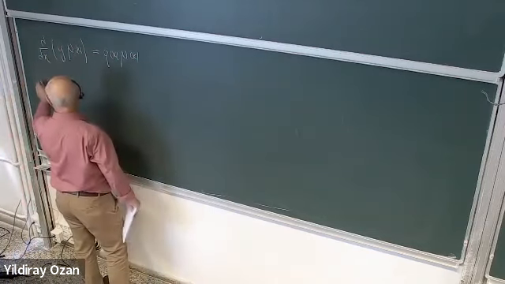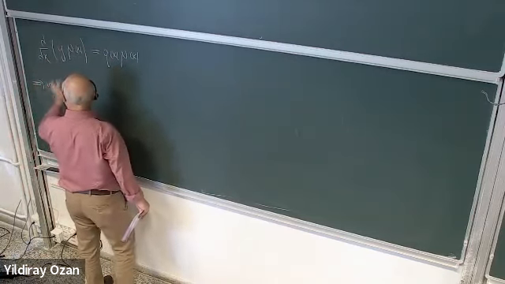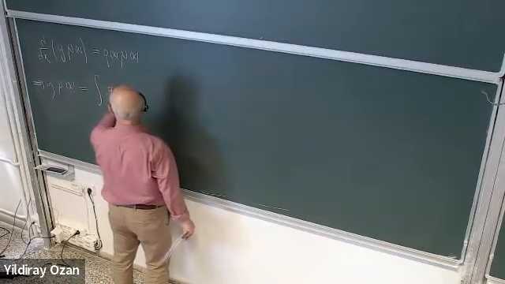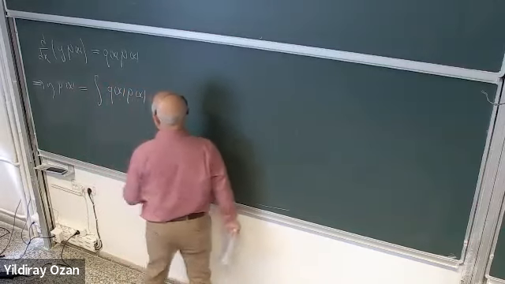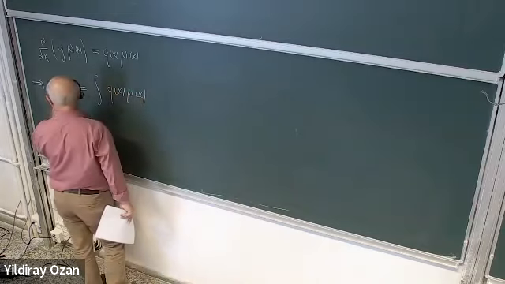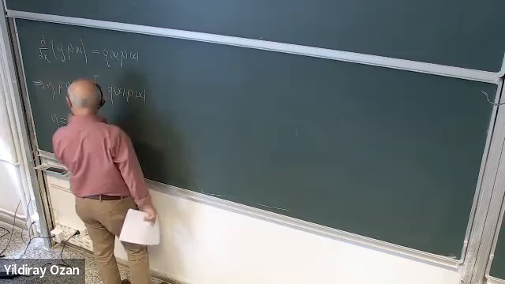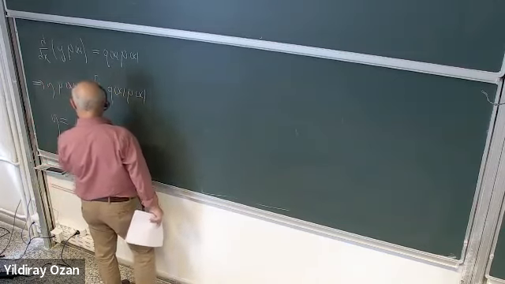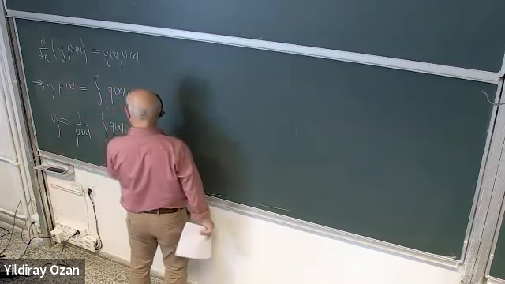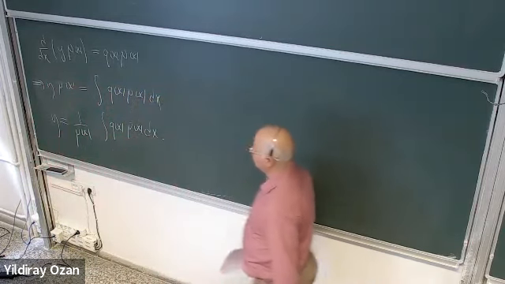So this implies that y times mu(x) is just the integral of q(x) mu(x). Therefore, y is just 1 over mu(x) times the integral of q(x) mu(x) dx. So that's the solution.